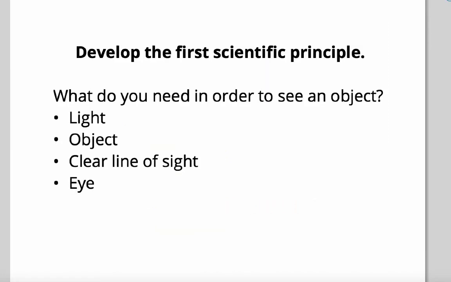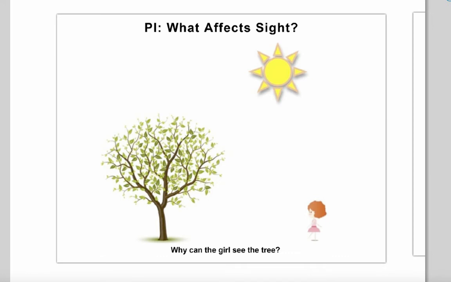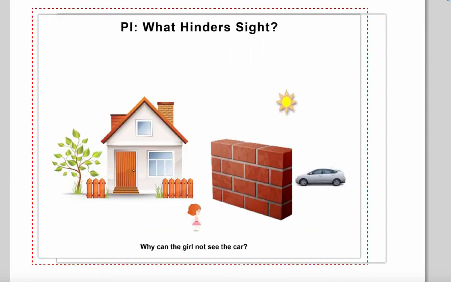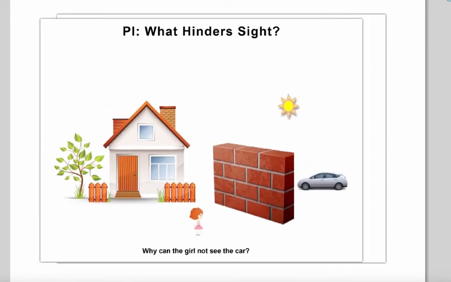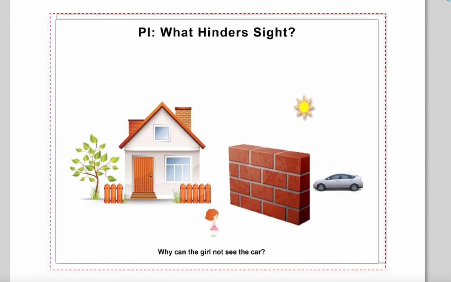They often don't get that particular one, the straight, clear path. There's another image here where they have this little wall, and that helps to say, well, why can't you see the car now? And that helps to bring out the idea that you need to have a straight path.